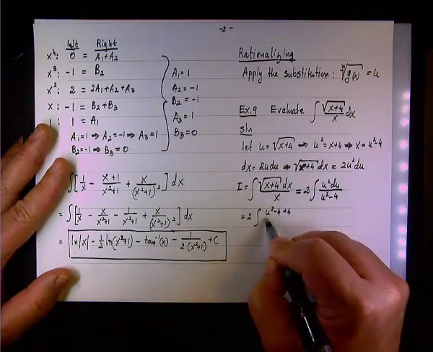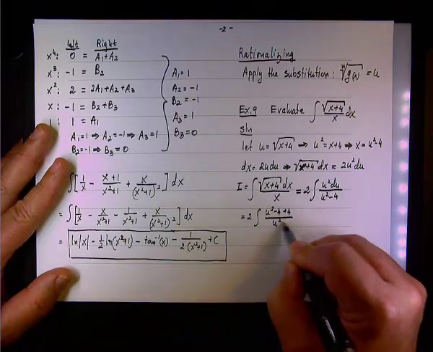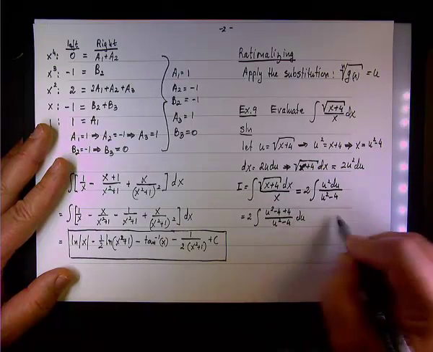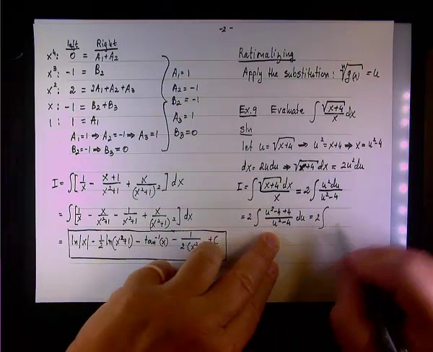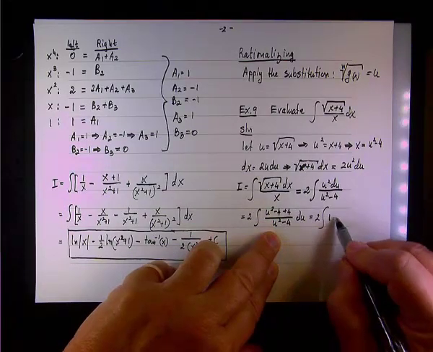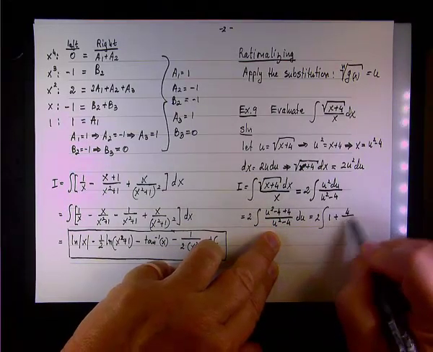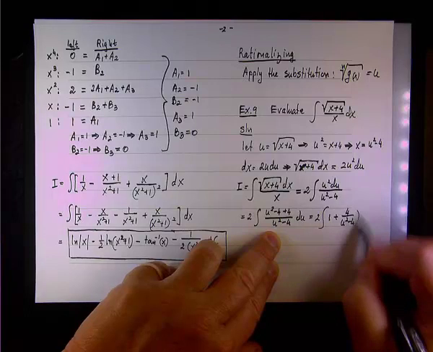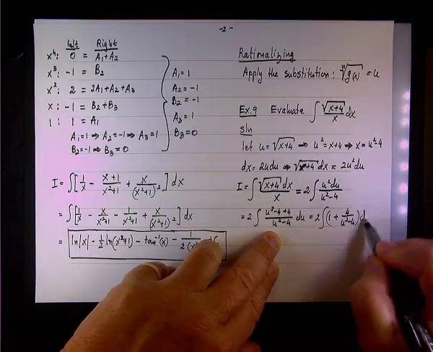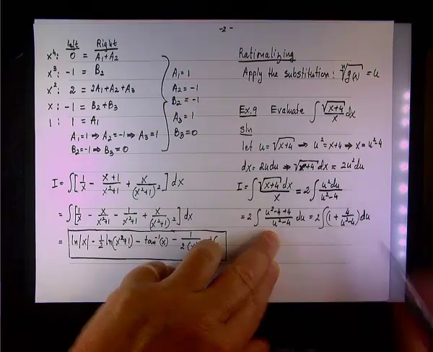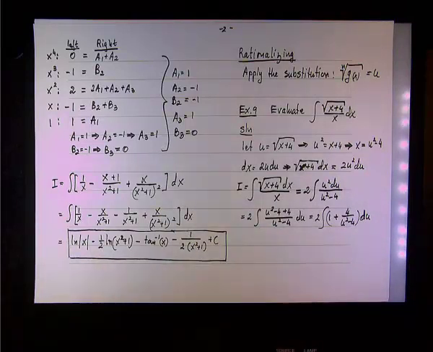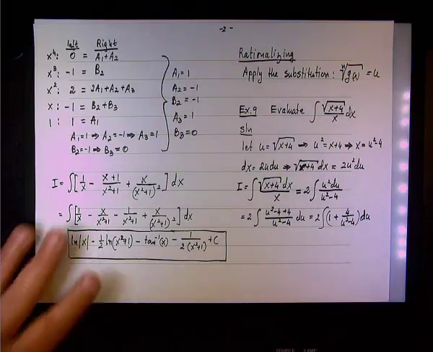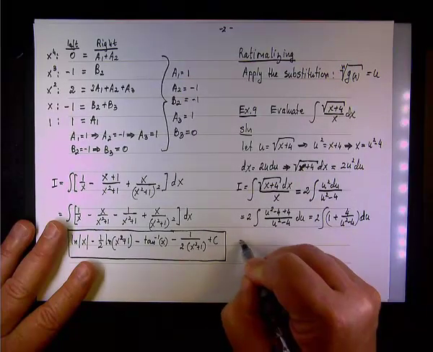So you have u squared minus 4 plus 4 over u squared minus 4 du. Now you break it down into u squared minus 4 over u squared minus 4, which is 1, plus 4 over u squared minus 4. If you don't see this, then you perform the long division and you end up with the same result.